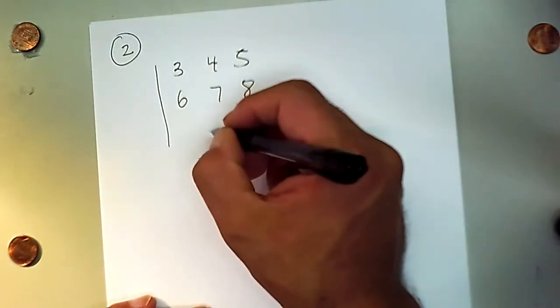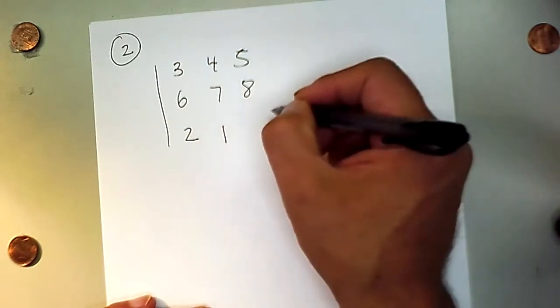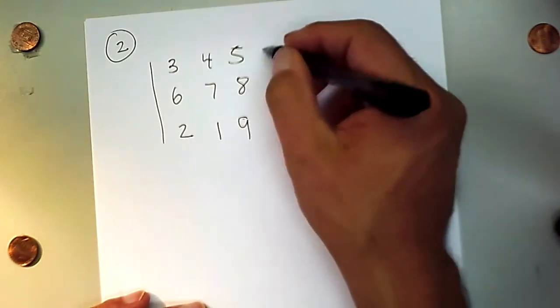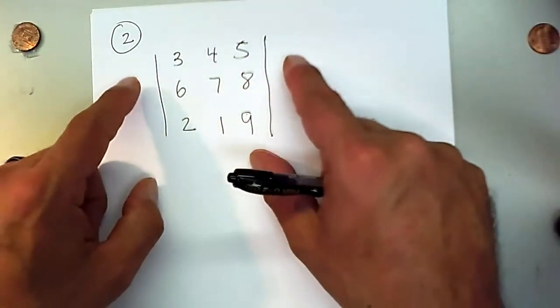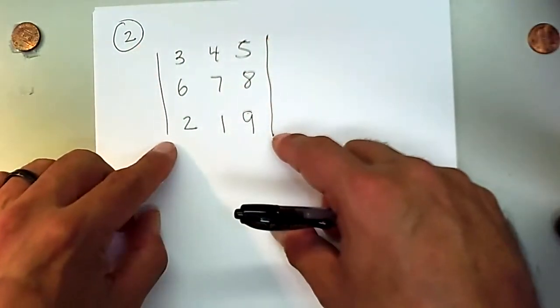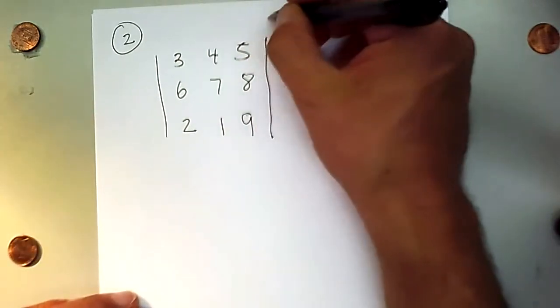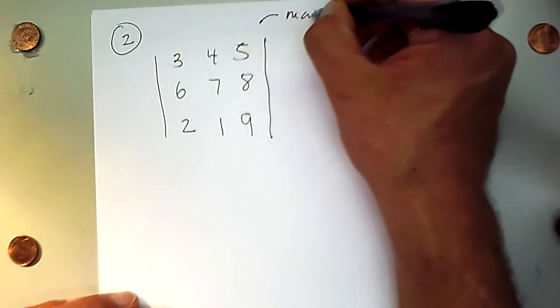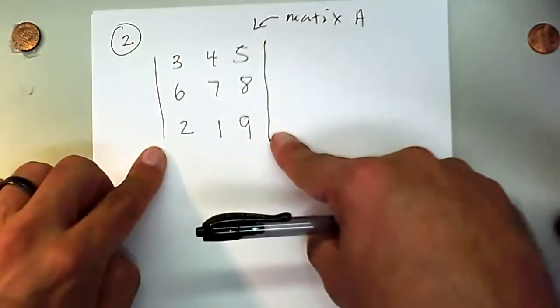How about 2, 1, 9? So this is a 3 by 3 matrix for which we're finding its determinant. Let's label this matrix as matrix A. And then we're finding the determinant of that.